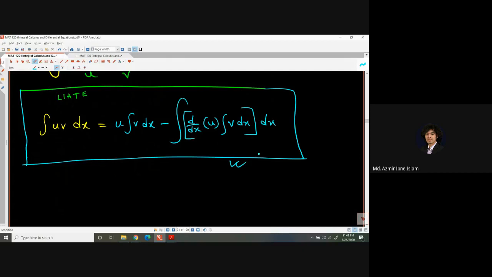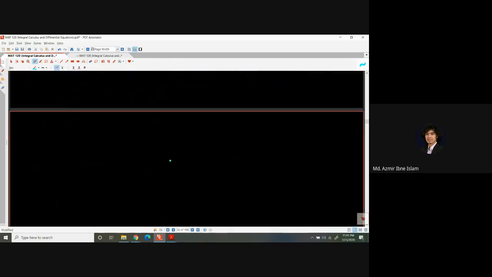Okay, so this is how we can easily solve an integral with product form. So let's take one example. Suppose we have the integration of x e to the power x dx. You can see that this is in u times v form, but we have to figure out which function, either x or e to the power x, will be u.